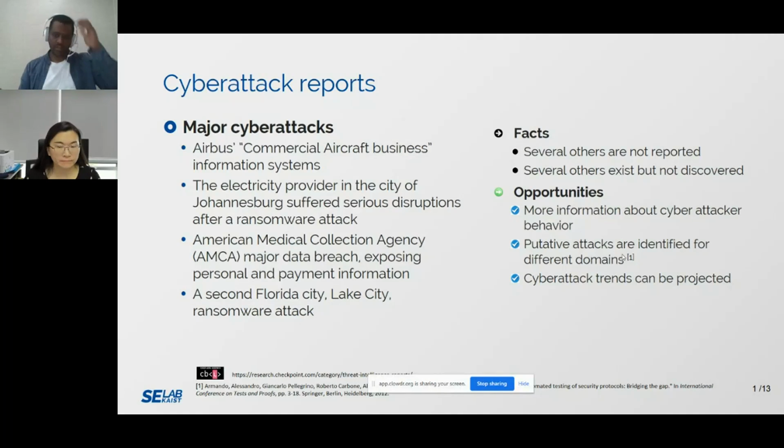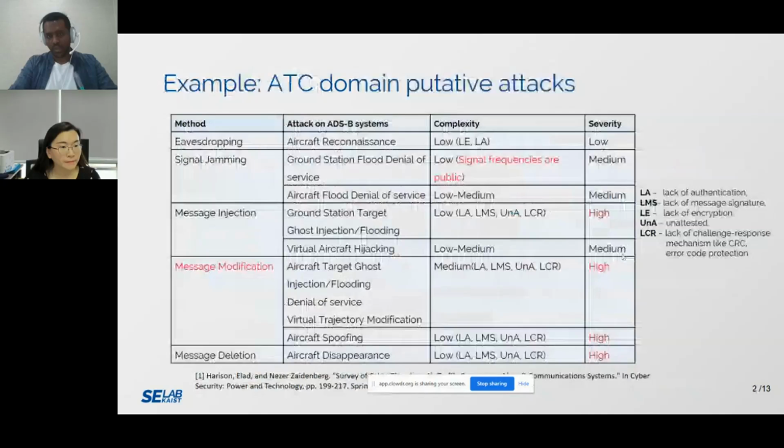And last but not least, cyber attack trends can be projected based on the cyber attack reports collected from different domains and also for specific domains. For example, in the air traffic control domain, there is well-organized information about the methods of the cyber attacks and also the vulnerability of the system, particularly on the ADS-B protocol, and also the complexity of the attacks and the severity the attack can cause for that specific domain.